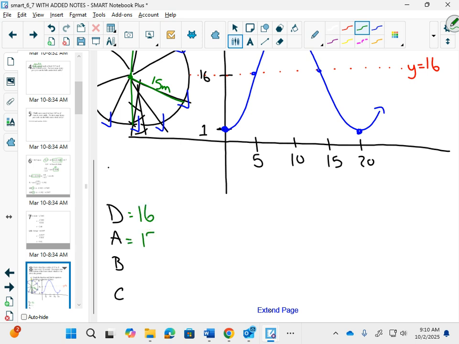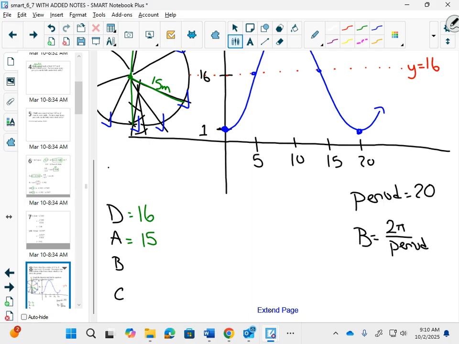Your A value is 15. We know that our period equals 20, and our B value is always 2 pi over our period.